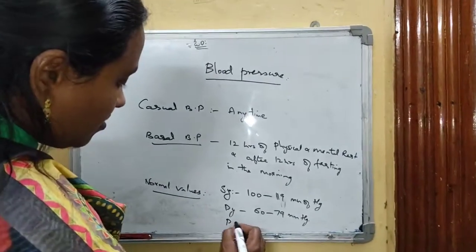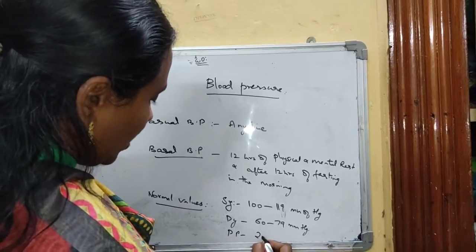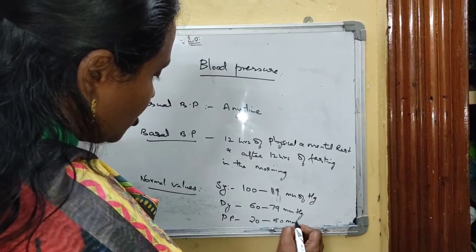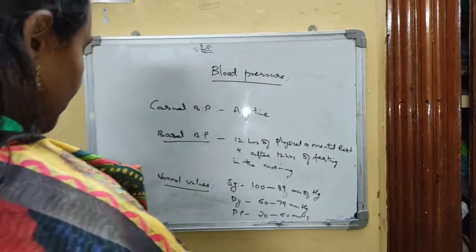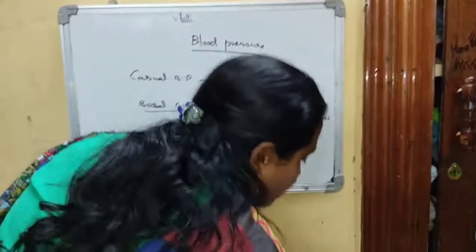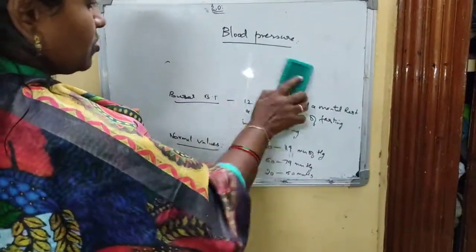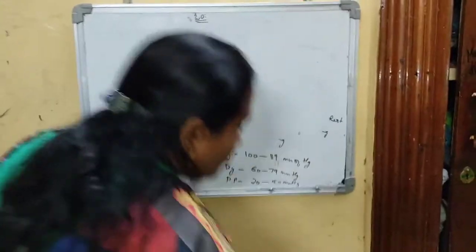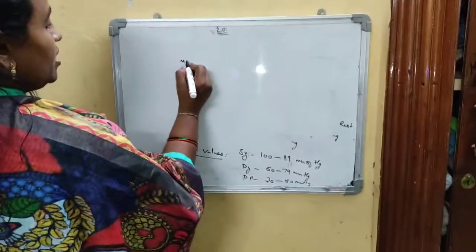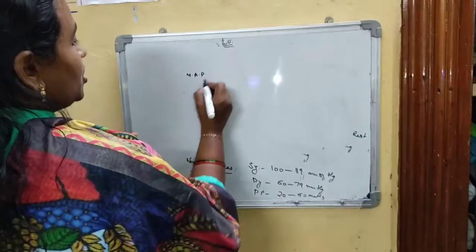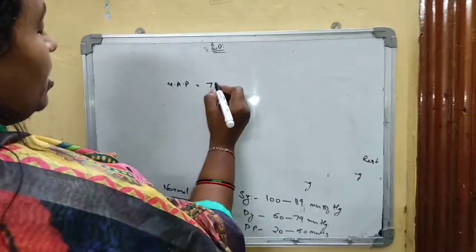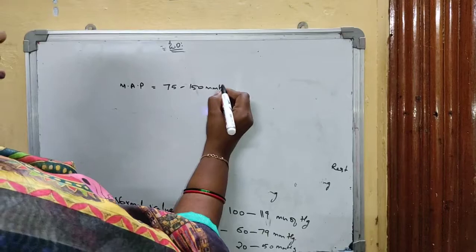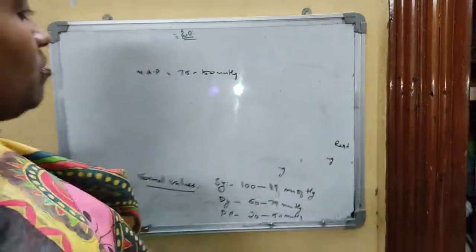Pulse pressure from 20 to 50 mm of Hg, and mean arterial pressure 75 to 150 mm of Hg.